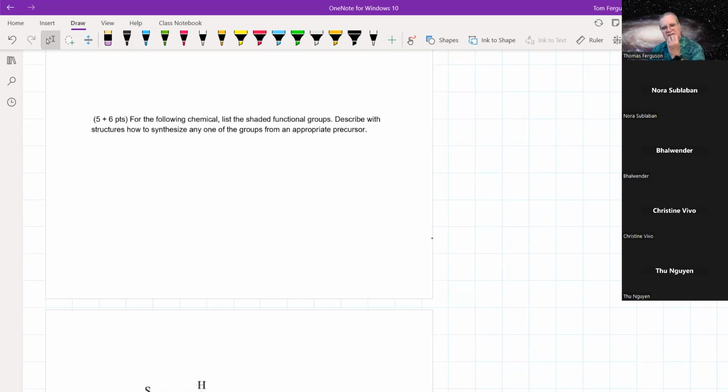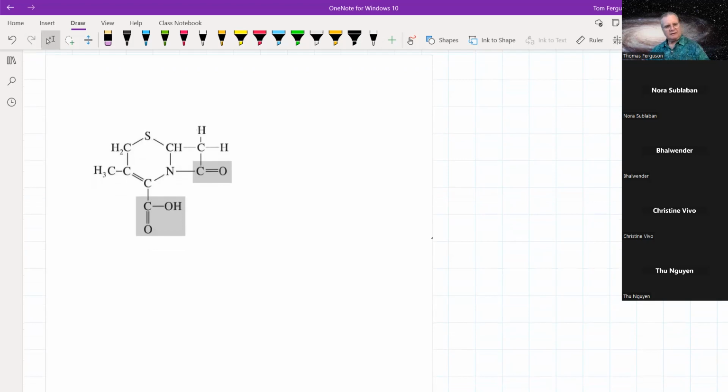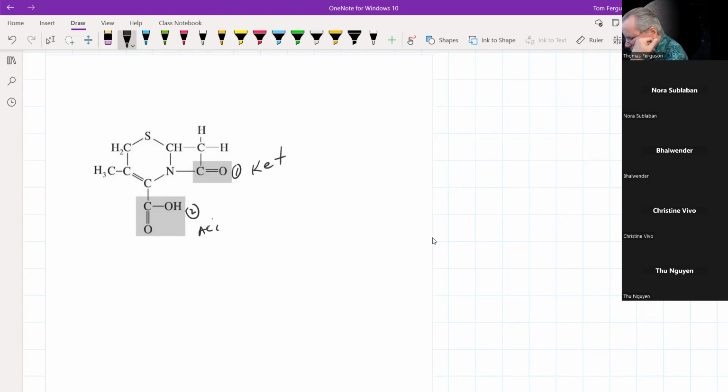Okay, from now to the end of the semester, you can get more and more of these type of questions. So we have a molecule, pretty complex, and what would the precursors be of this molecule? We'll call this 1 and 2. 1 is a ketone, 2 is an acid.